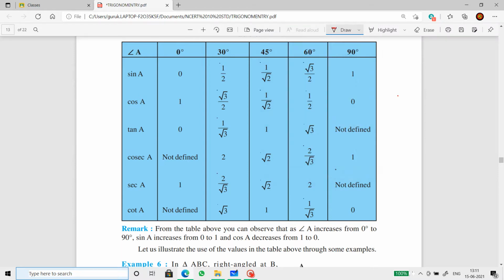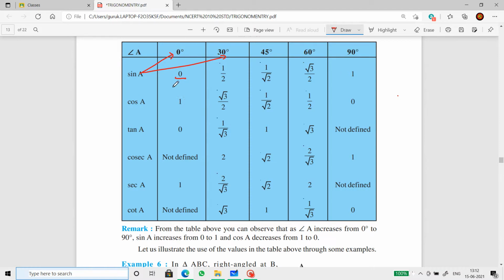Sin 0 degree. So when A is 0 degree, sin 0 degree is 0. Sin 30 degree is 1 by 2. Sin 45 degree is 1 by root 2. Sin 60 degree is root 3 by 2. Sin 90 degree is 1.